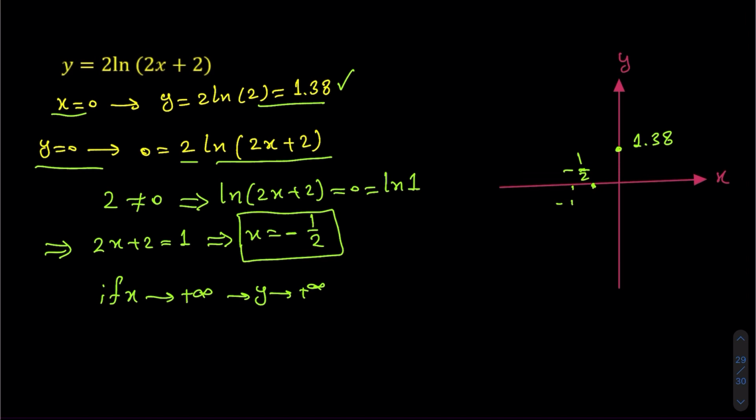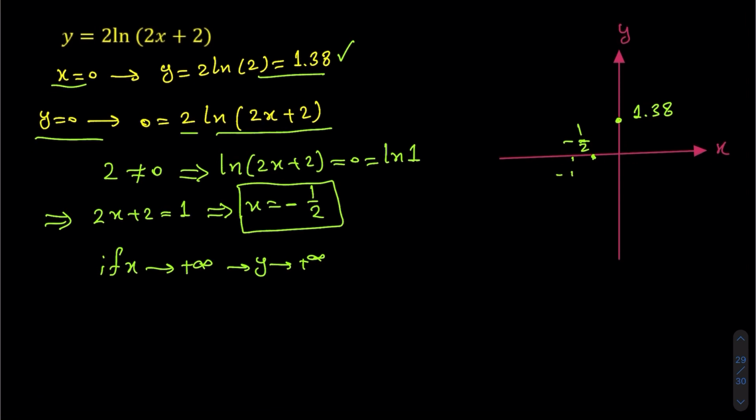If we take ln of a larger number, the value of y will increase, yeah? So we can say y also approaches positive infinity. But what about the negative side? For the negative side, we need to use the same approach again.